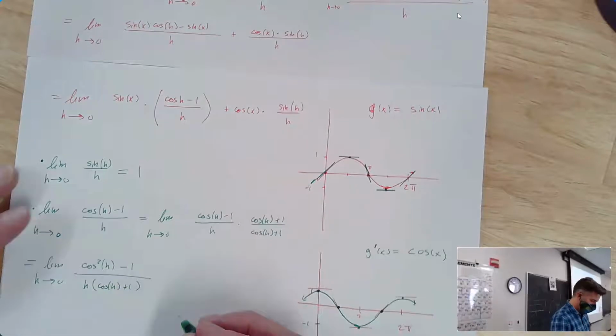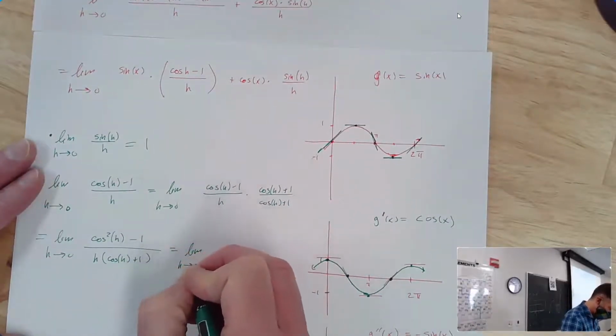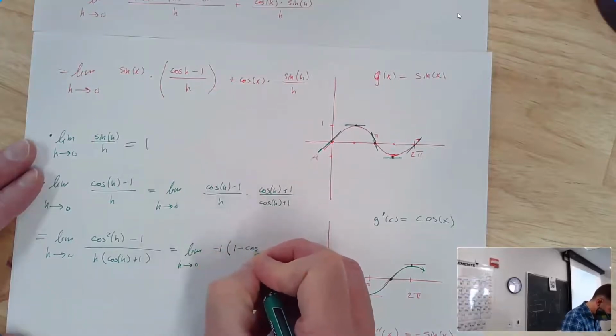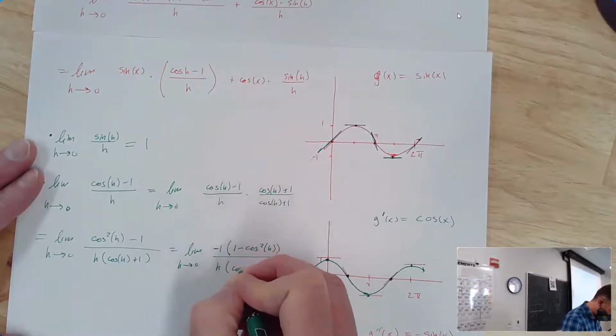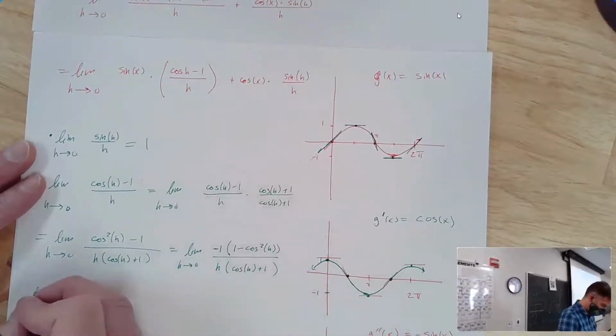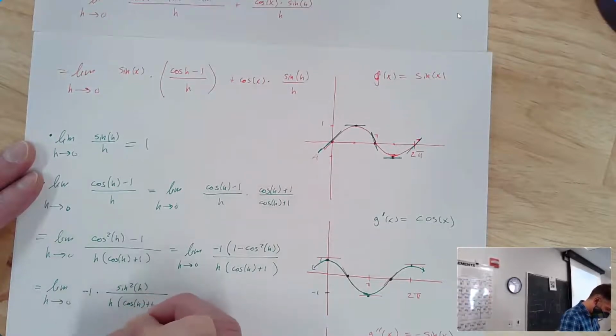Sine squared. So let's factor out a minus: negative 1 times 1 minus cosine squared of h all over h times cosine of h plus 1. And now that's going to be sine squared: negative 1 times sine squared of h over h times cosine of h plus 1.